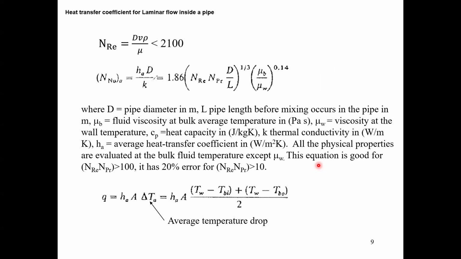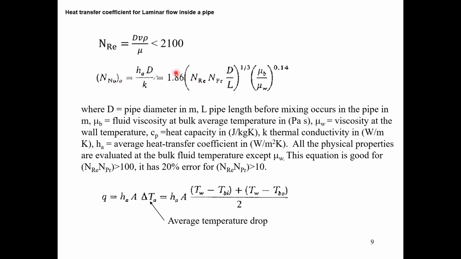I said that the dimensional analysis is used to estimate the relationship between different groups, and this is the final form of the semi-empirical formula for a heat transfer coefficient for laminar flow inside a pipe. You could see that there is a relationship between Nusselt number, Reynolds number, and Prandtl number.